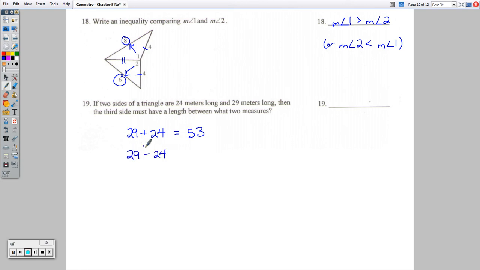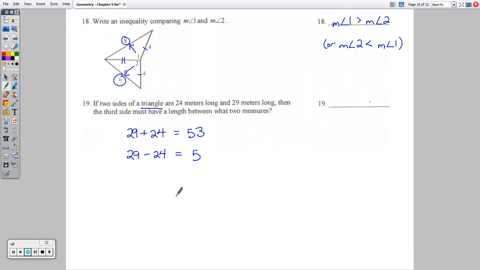So if you imagine those two sides of that length connected with a little hinge of sorts, you could open it wide up and it could get all the way to 53 if you had it perfectly flat. If you made it perfectly flat going the other way, you close it up, it could go all the way to 5. To have a triangle though, it's got to be just a little bit bigger than 5 and just a little bit less than 53.